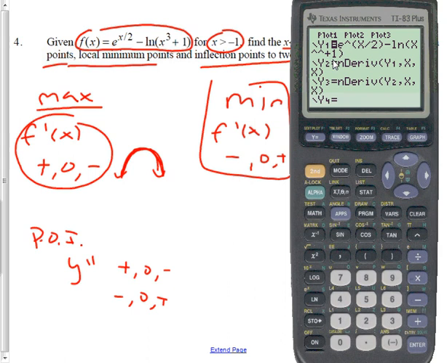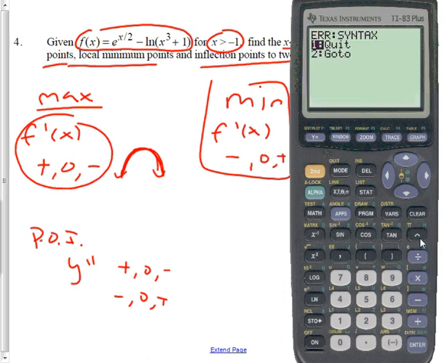To find the local max or min, I'm just looking at my first derivative, so let's turn the first derivative on and turn the function and second derivative off. I'm looking for when my first derivative, y2, goes positive, 0, negative or negative, 0, positive. So we graph it, fix my typo, and graph it.